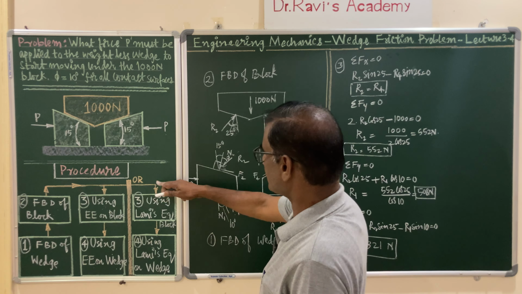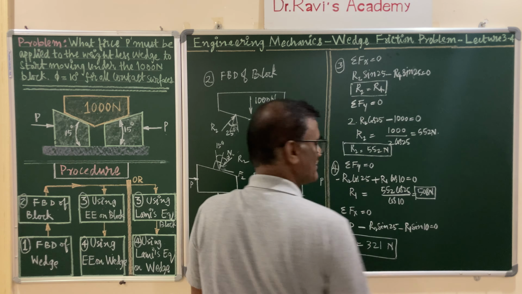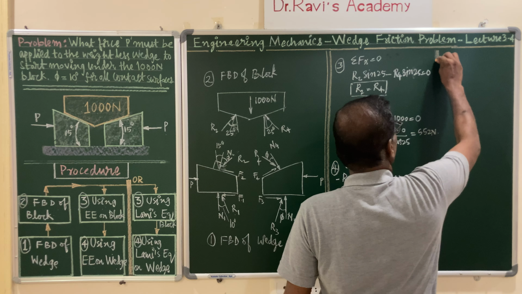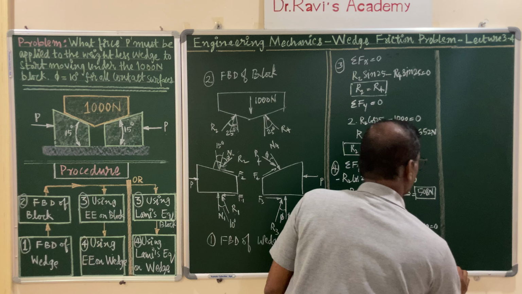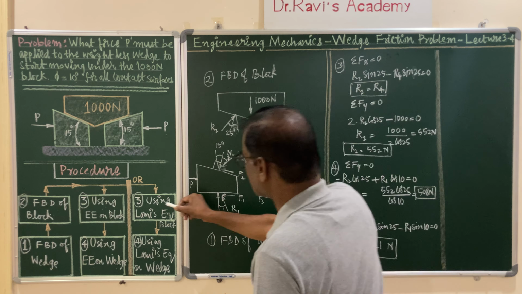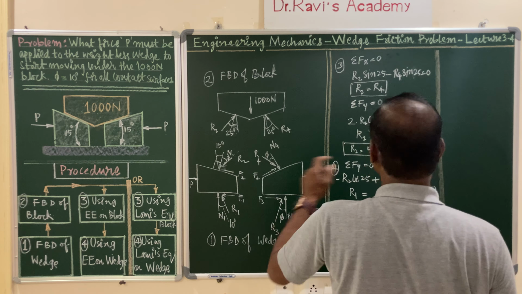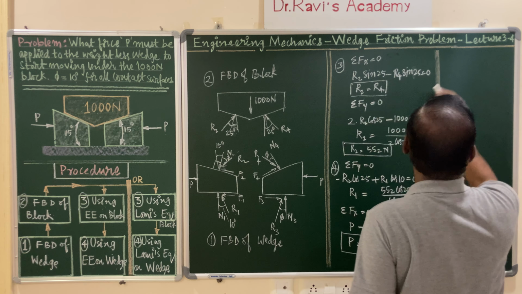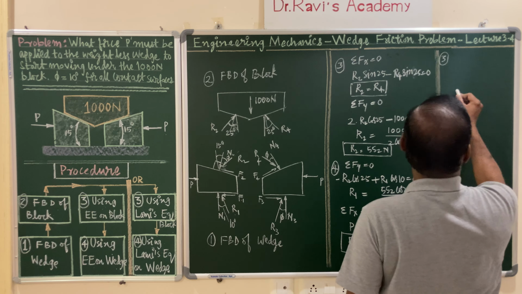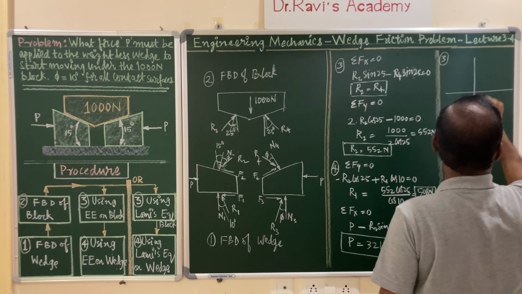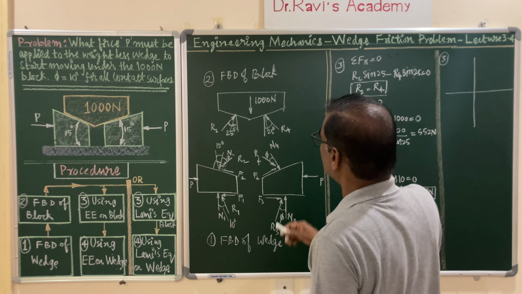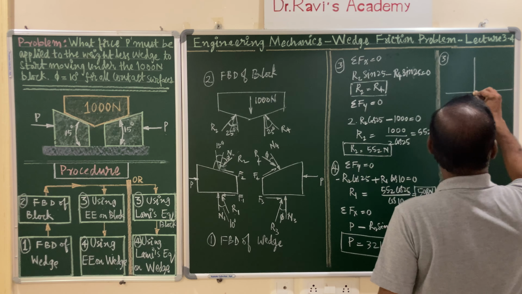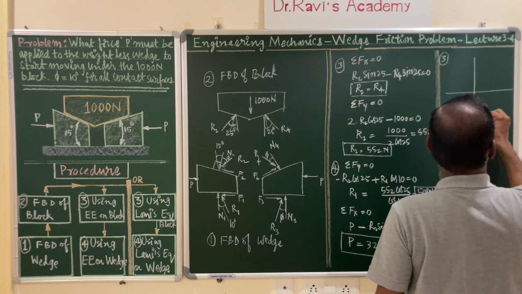Now the same problem you can solve using Lami's theorem also. Let me make use of Lami's theorem, which is simpler to solve, and whenever you are using Lami's theorem you need another diagram, that is the coordinate axis diagram. So in the third step, let us draw the coordinate axis and represent here 1000 newtons.